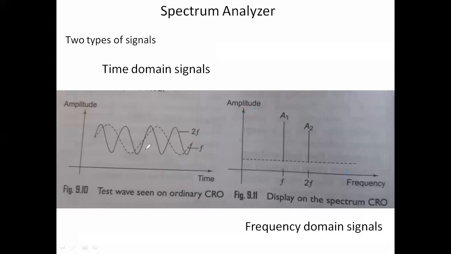This slide shows the representation of the two kinds of signals, time domain and frequency domain. In the time domain signal here we have two frequency signals. The dotted line signal has a frequency of f, and the dark line signal has a frequency of 2f.